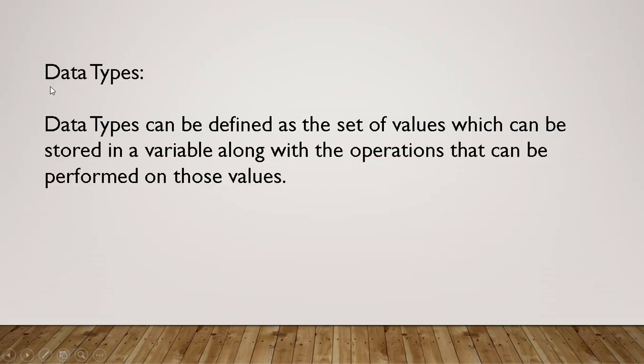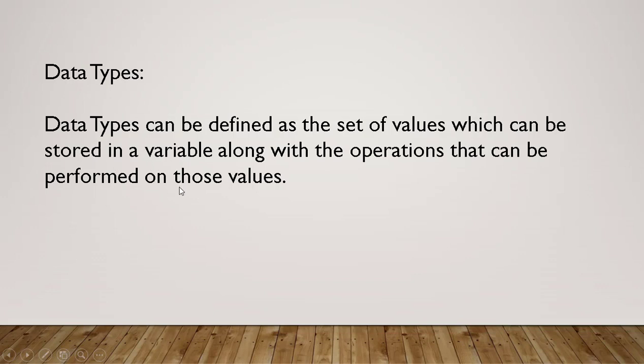So let us see the meaning of data type. In many places I have used the name data type, so you will be thinking, what is a data type? Data types can be defined as a set of values which can be stored in a variable along with the operations that can be performed on those values. So what is a data type? It is a set of values which can be stored in a variable.